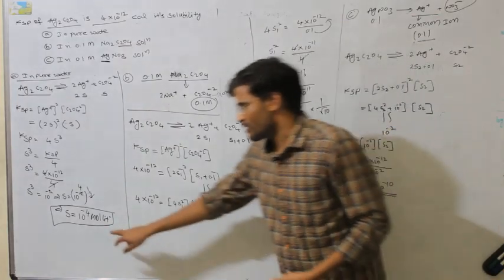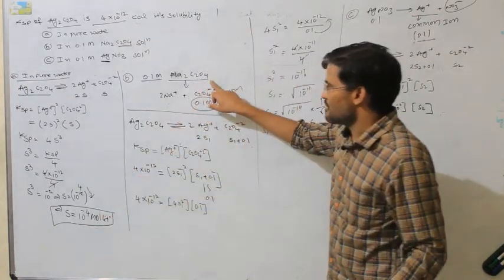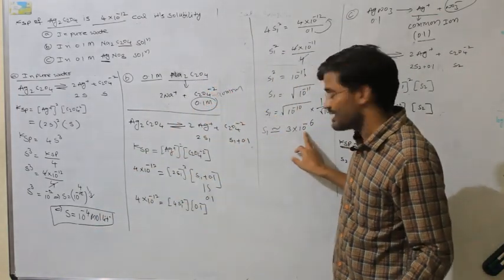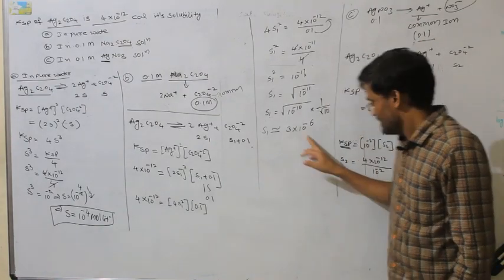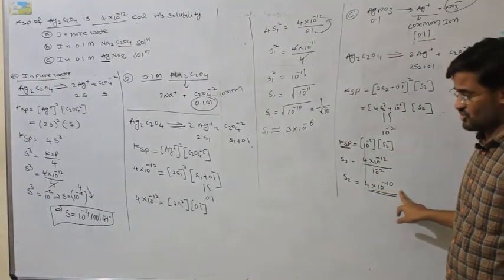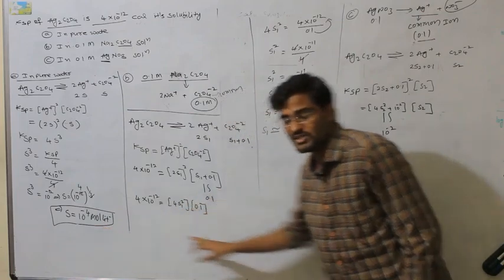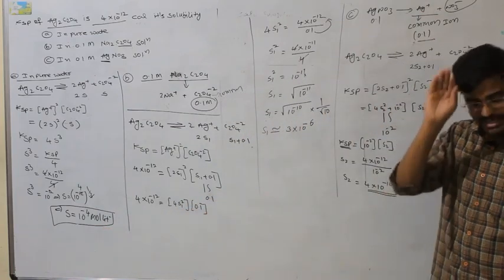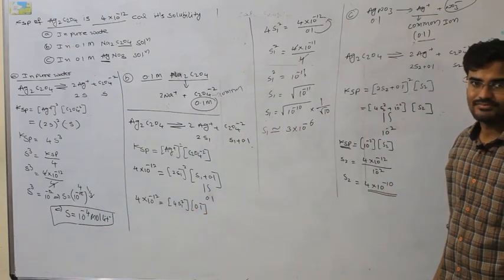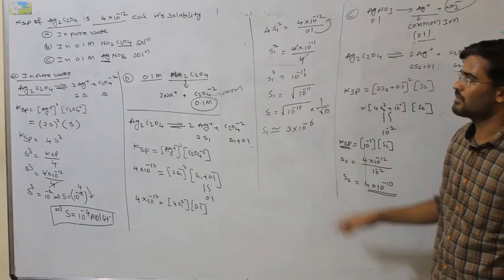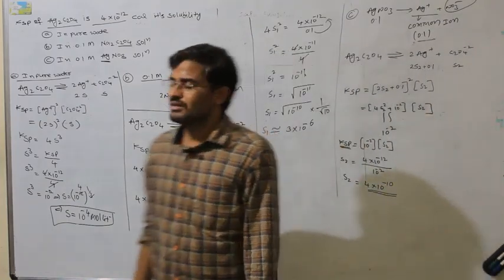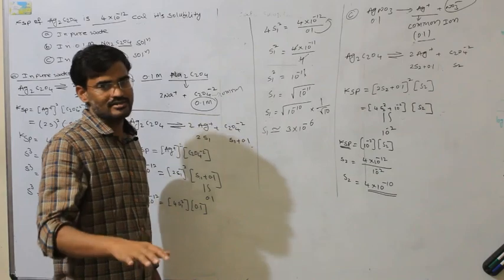So here 10 power minus 4, due to one common ion, oxalate, decreased 100 times, that is 10 power minus 6. Here it became 10 power minus 10. Compared to 10 power minus 4, it is 10 power 6 times decreased. Getting my point? So due to having a common ion, the solubility of the sparingly soluble salt decreases.